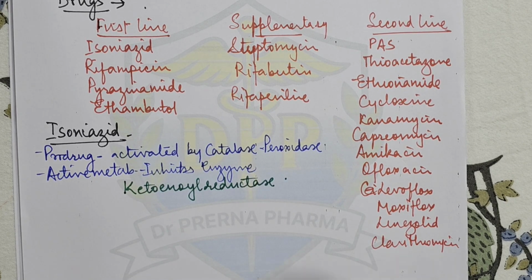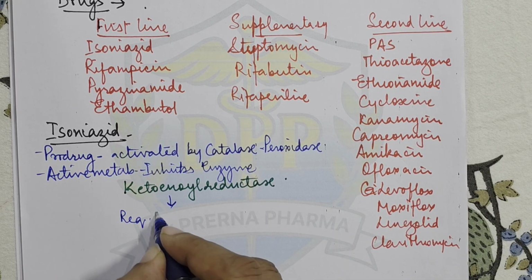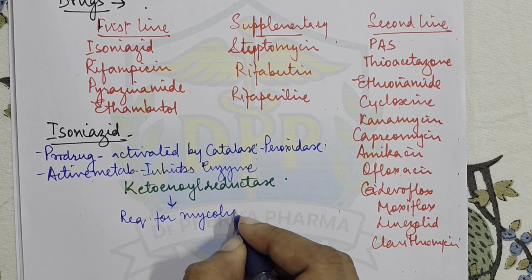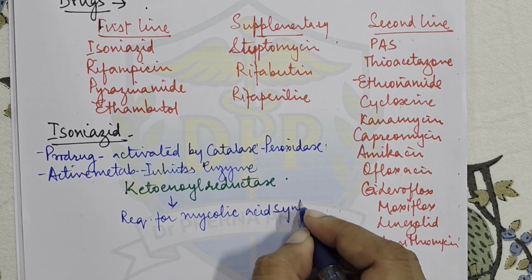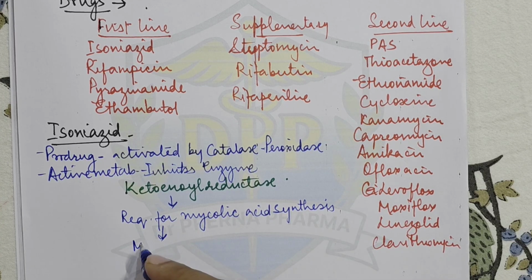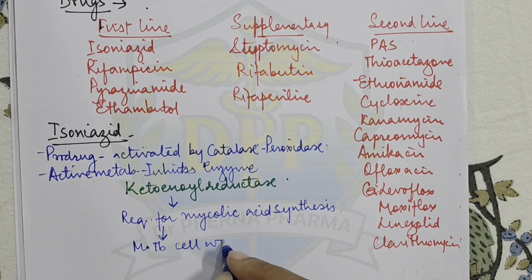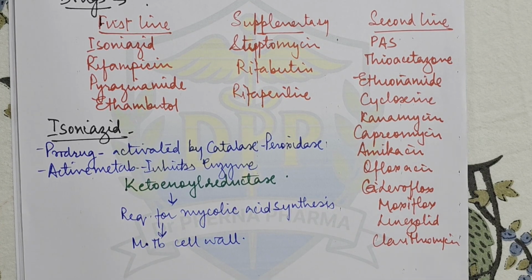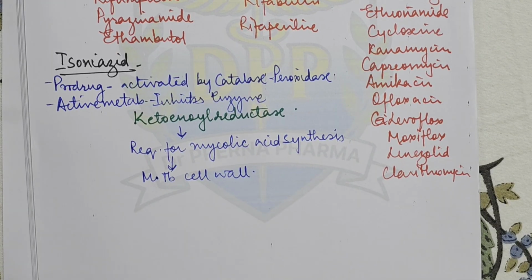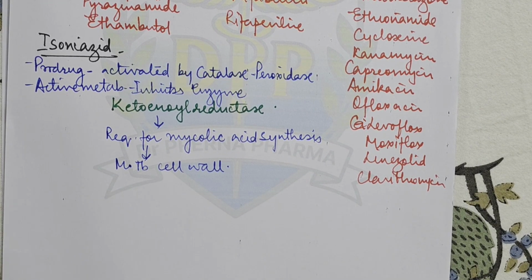Now this enzyme is required for mycolic acid synthesis, which is an integral part of the Mycobacterium tuberculosis cell wall. So this is the main mechanism of action of isoniazid, and this is how isoniazid acts in tuberculosis patients.